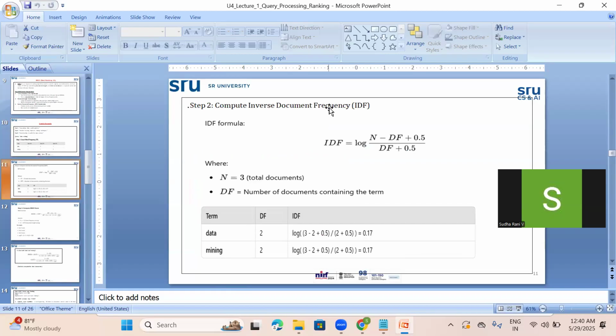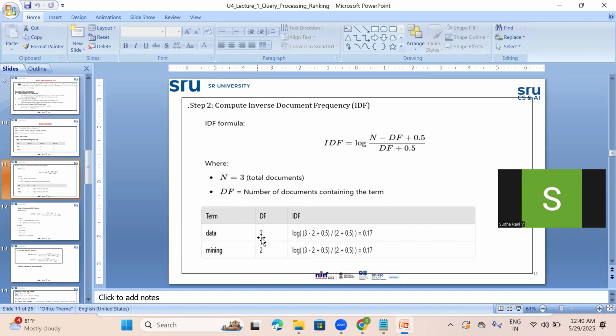Now compute IDF, inverse document frequency. I hope you remember the formula, but for BM25 the IDF formula is different: log of (n minus DF plus 0.5) divided by (DF plus 0.5), where n equals total documents and DF equals the number of documents containing the term.